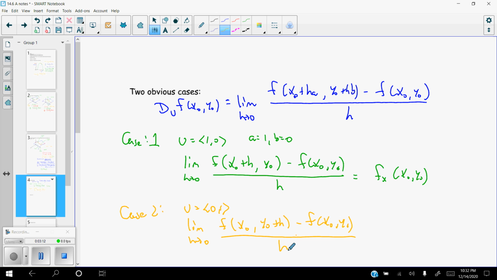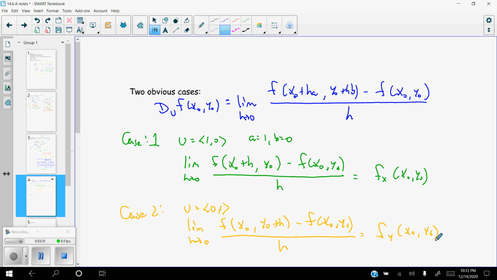And again, what you should see here is this time the x's are staying constant, but the y is changing. So that is just the partial with respect to y at x naught, y naught. Again, those should make sense because that second unit vector is in the direction of the y-axis.